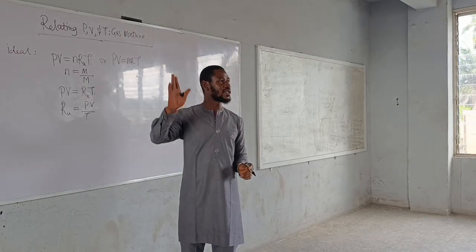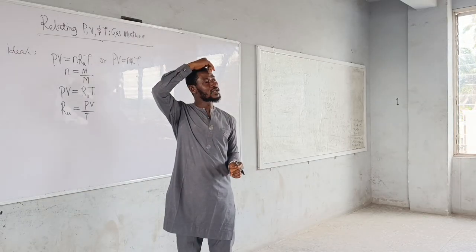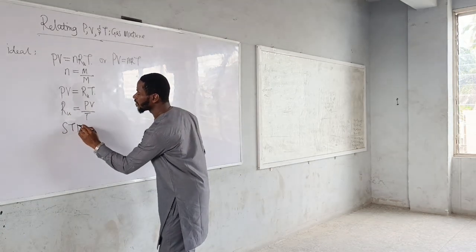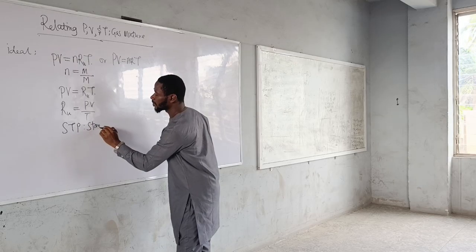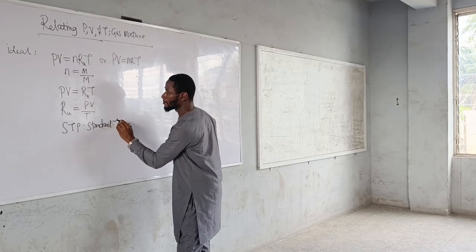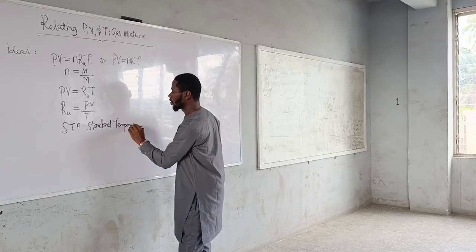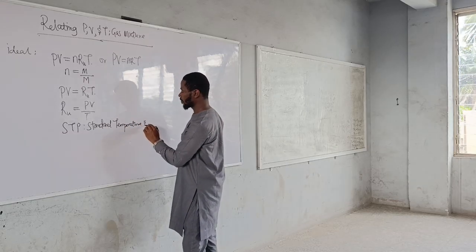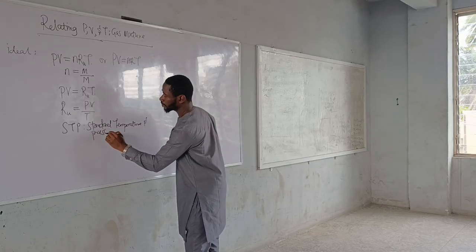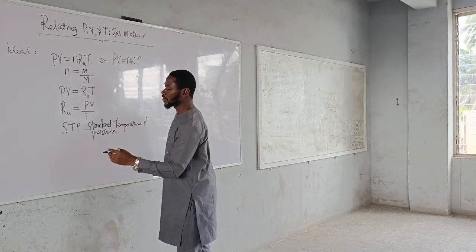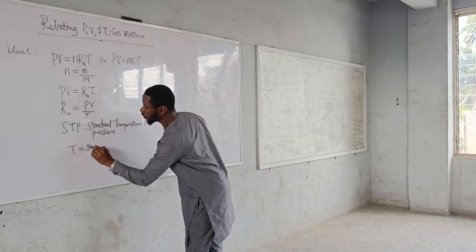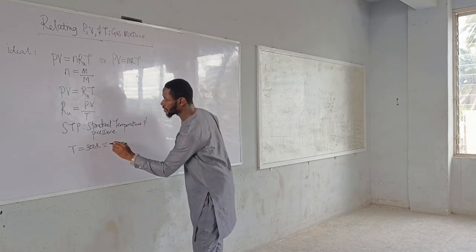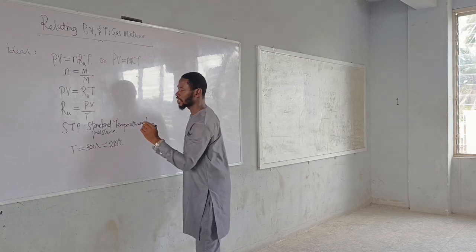Now let me take you back to fundamentals. In chemistry or physics, they will say volume at STP. STP is known as what? Standard temperature and pressure. The standard temperature is 273 Kelvin, which is equivalent to 0 degrees Celsius.